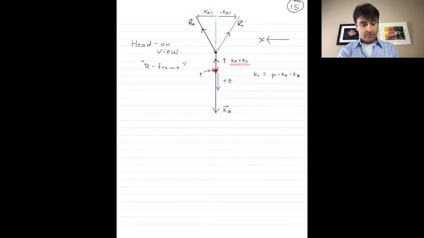It goes along for a while with the total momentum of Ka plus Kc, that's the total four-momentum, which then splits into the observed momentum of the quark and the final state momentum of the scalar. Now, since the total x component or transverse component of momentum has to be 0, by momentum conservation, each of these particles carries an equal and opposite transverse component of momentum. So I'll call it Ka transverse, and negative Ka transverse.